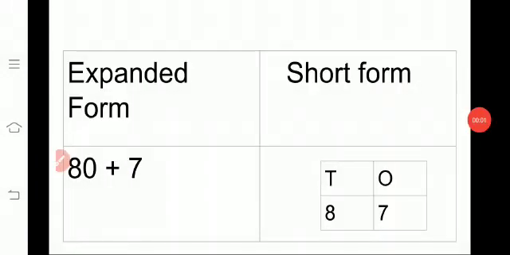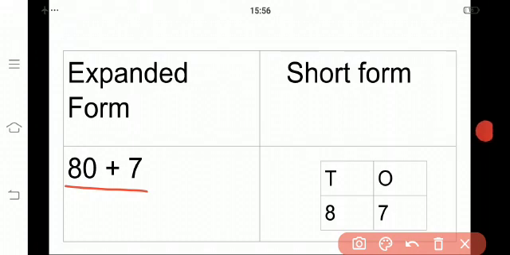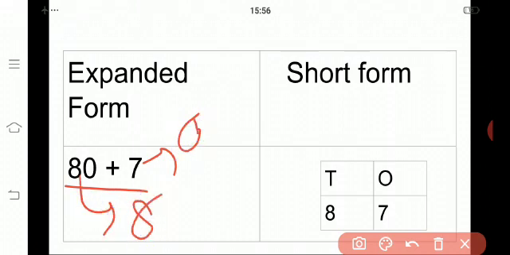Okay, children, we can also do the short form in another way. Here I take the example 80 plus 7. See, children, here how many ones are here? 7 ones. Then how many tens are here? 8 tens or 80. We have to write 7 below the ones column.